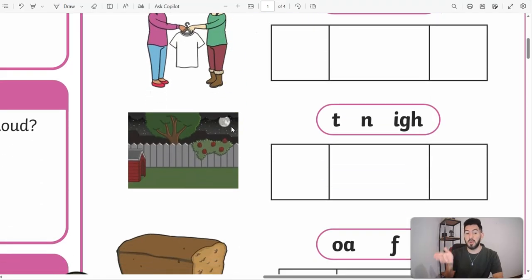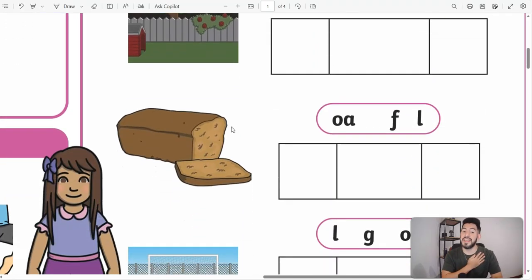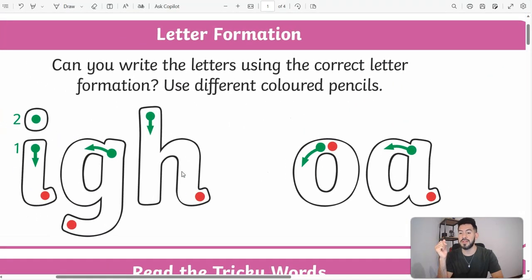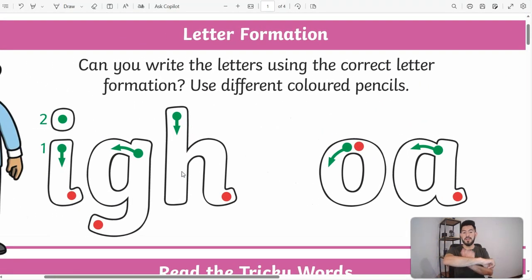This is the opposite of day, night. Then again, a loaf of bread, that big piece, the big chunk of bread. And a goal. Okay, so remember that the sounds here we're practicing are I, and O, as in boat.